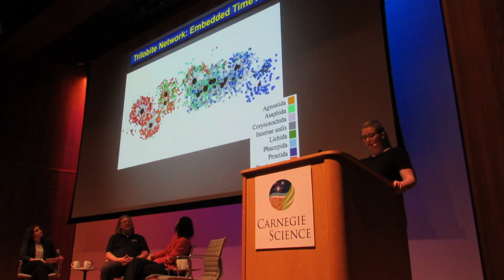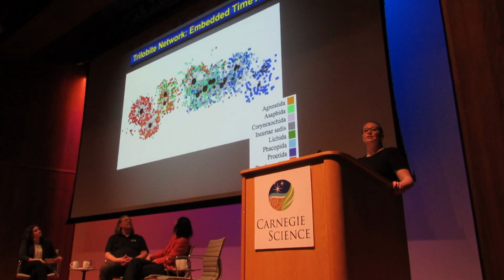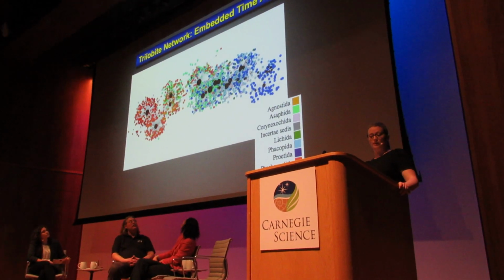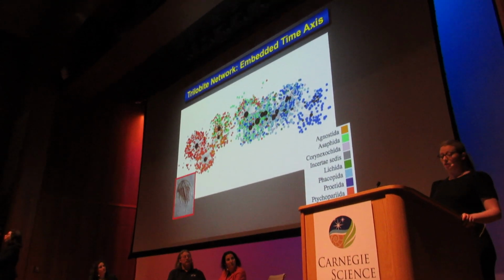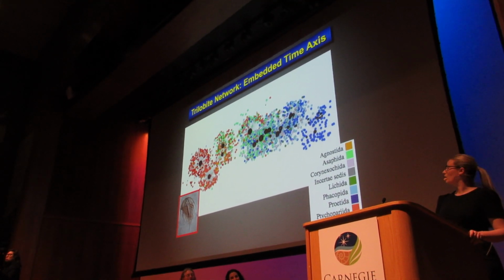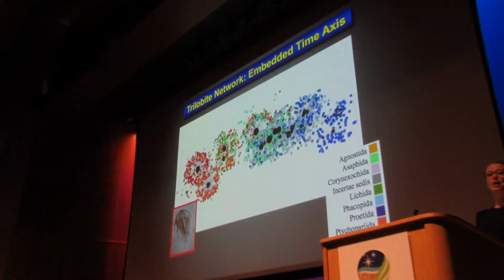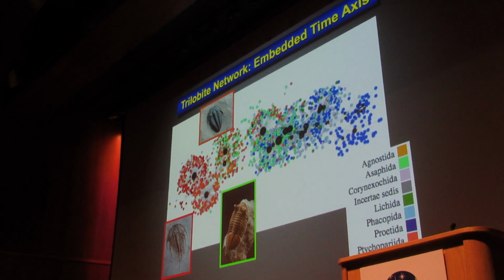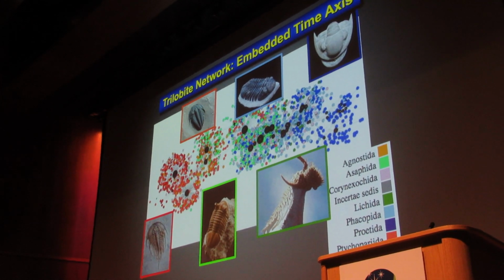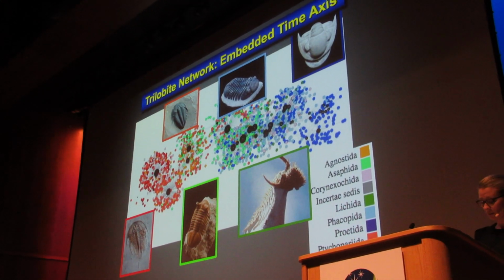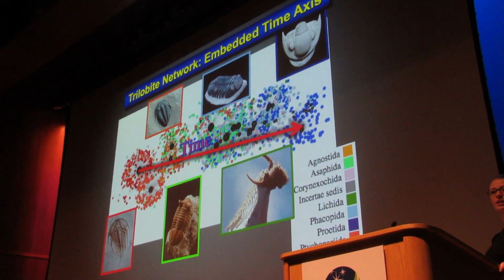Another type of network is a trilobite network. Trilobites are a type of fossils, and each one of these nodes represents a genus. I'll pop up some pictures here for those of you that are unfamiliar. We start out with the simplest organisms, and as they evolve, they become more complex through time. What you may have noticed is that there is an embedded timeline in this network.